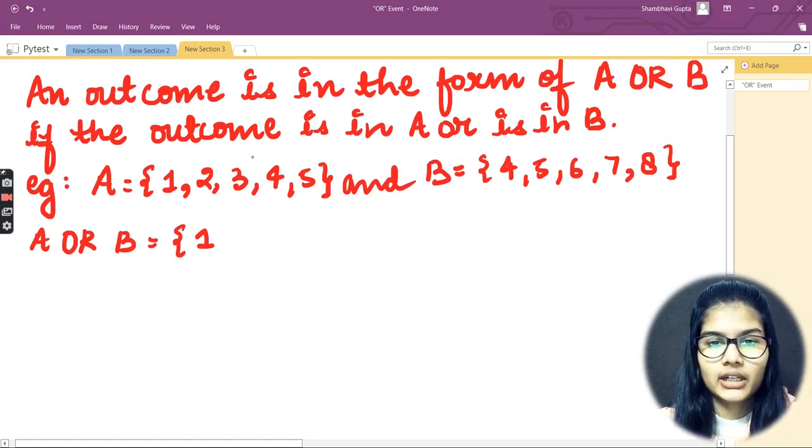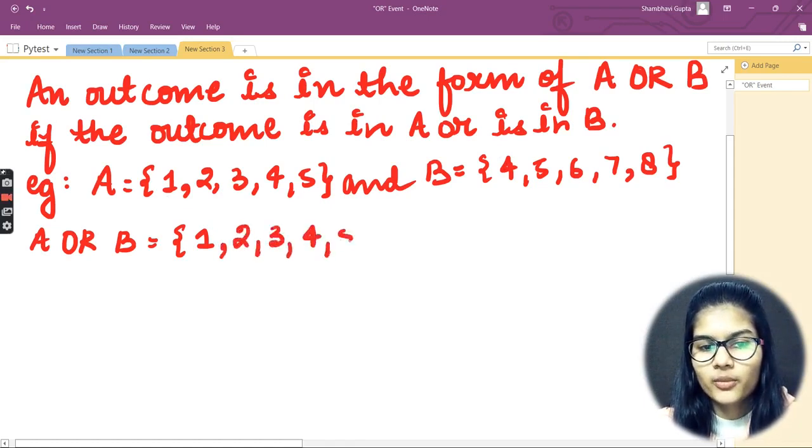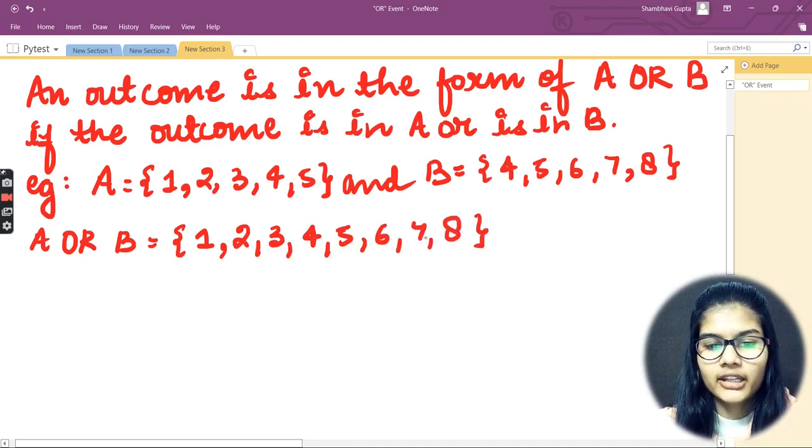If an outcome occurs in the event A as well as in the event B, it will be written only once in the final answer. So it will be in the form 1, 2, 3, 4, 5, 6, 7, 8. This is how A or B will be.